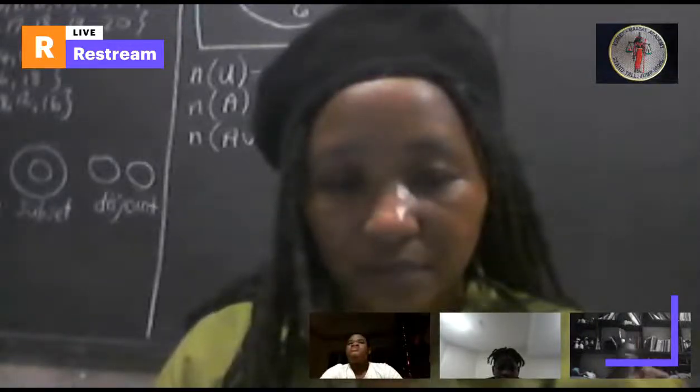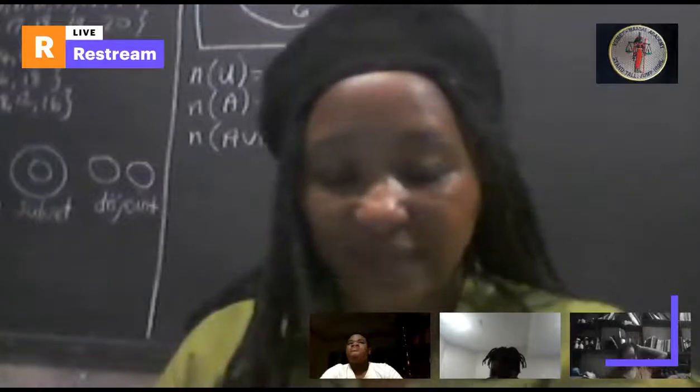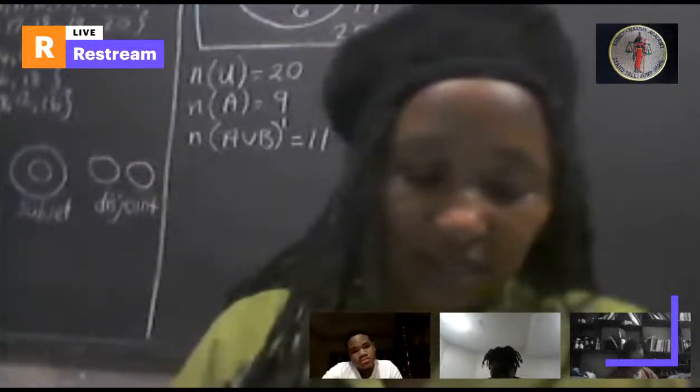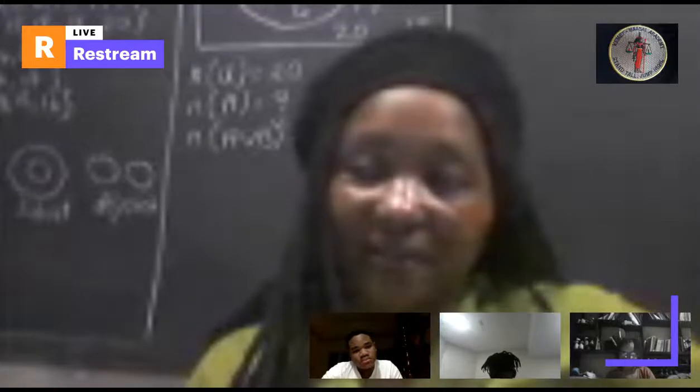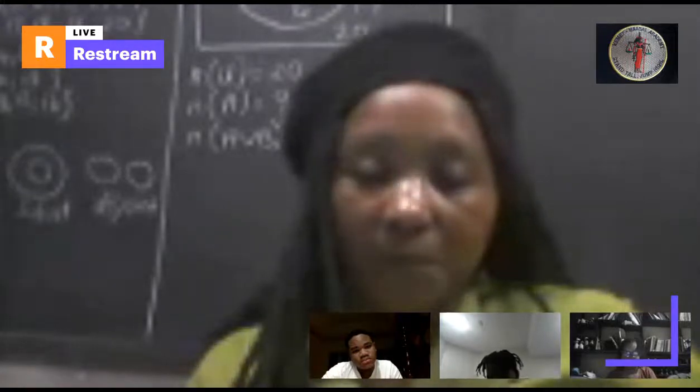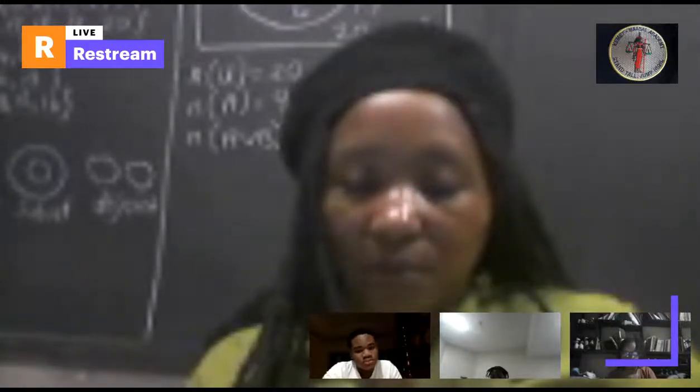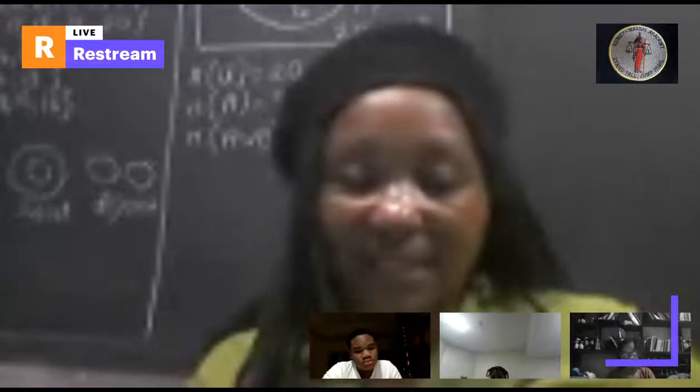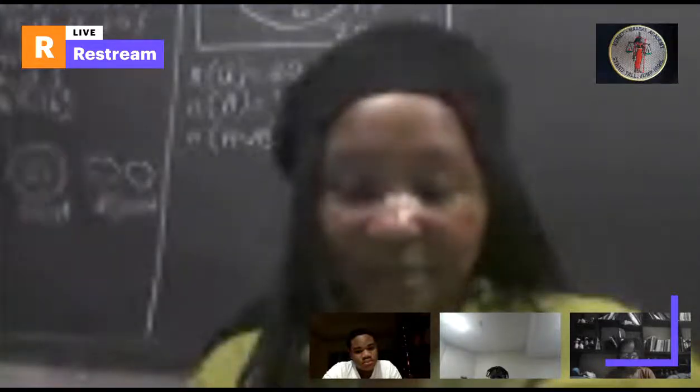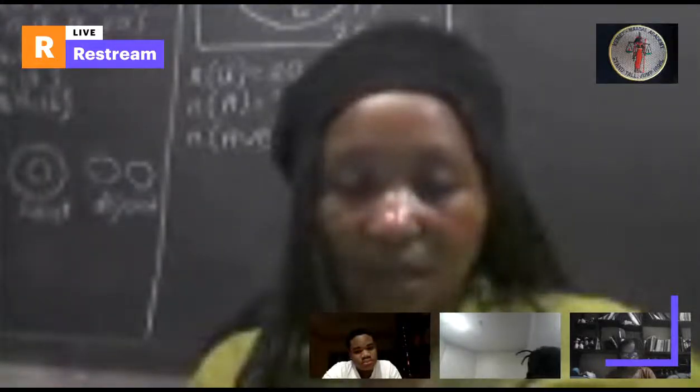Miss, so it would be 67. I had that for my first answer, but I said it was wrong. Oh, miss, I thought my B answer was wrong. You're doubting yourself, honey. Remember, the number in B only was 17. Drayshawn gave me that answer, but I thought it was wrong.